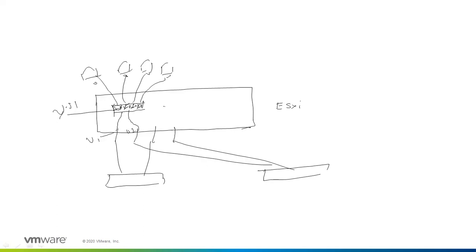Now, if you are creating a new virtual switch for a different purpose, and you want the traffic of its port groups to go to the outside world, then definitely it requires an uplink. But in that case, can I use these uplinks that are already used? Answer is no. For a new virtual switch, we always require new uplink ports.